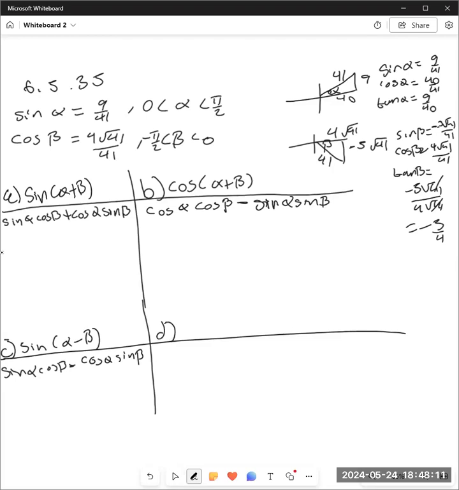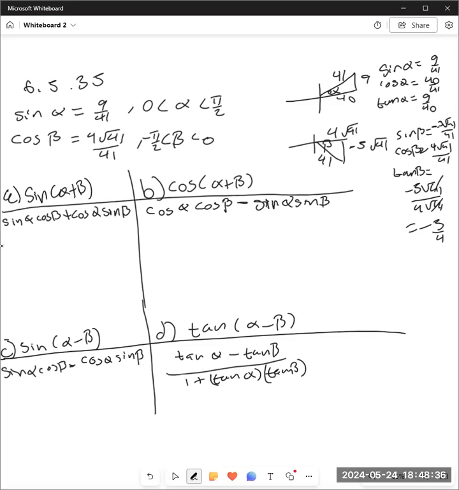D is going to ask us for tan of alpha minus beta, which is going to be tan alpha minus tan beta over 1 plus tan alpha times tan beta. Use our calculator a little bit for this.